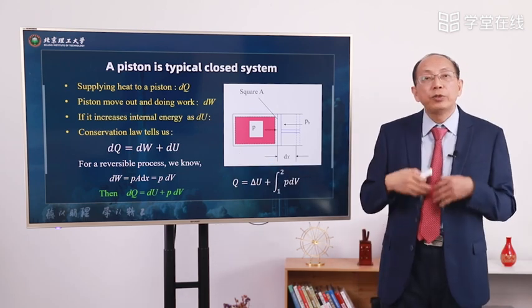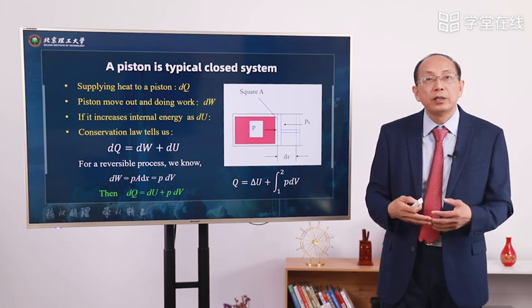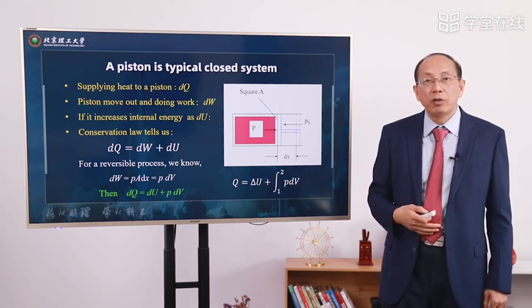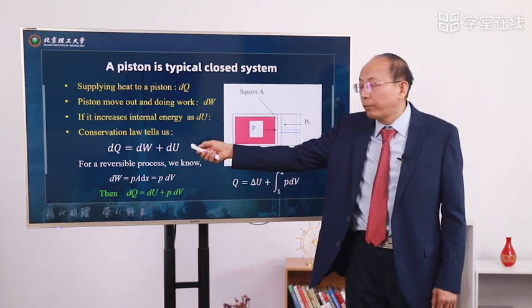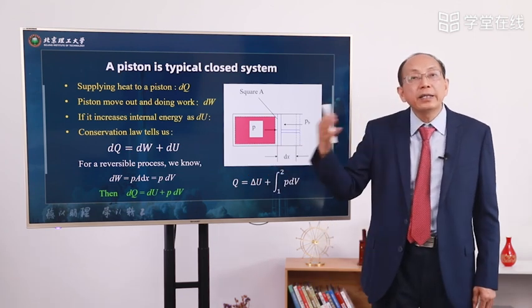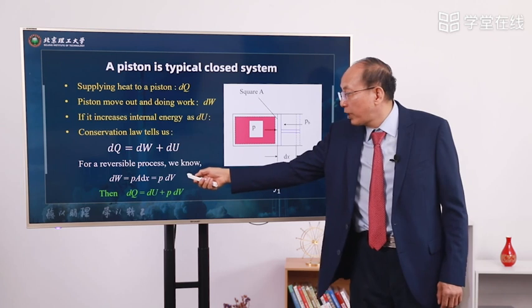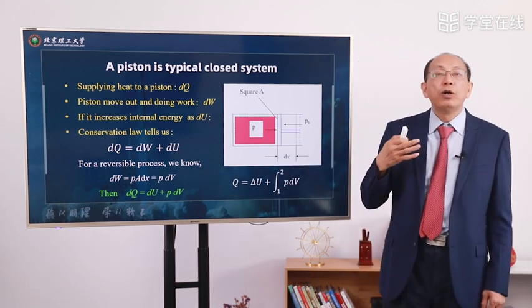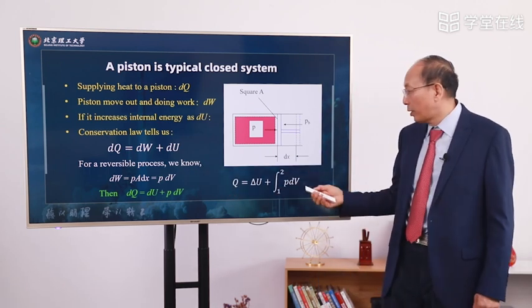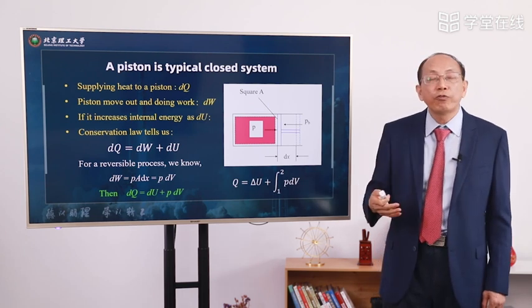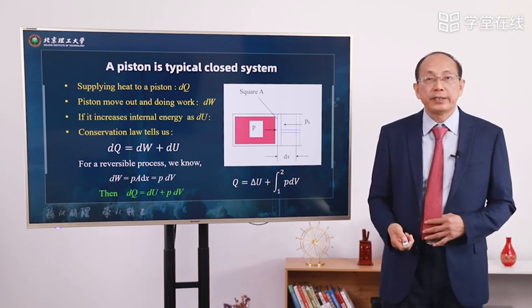All of these equations we can use to express the first law. But this equation is only for a reversible process. This equation also is only for a reversible process.